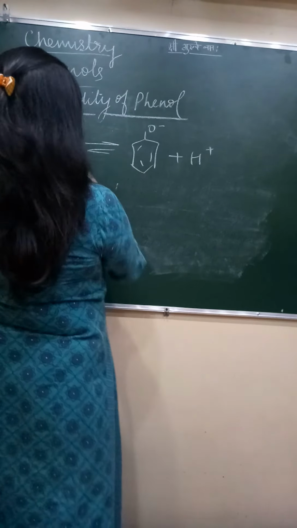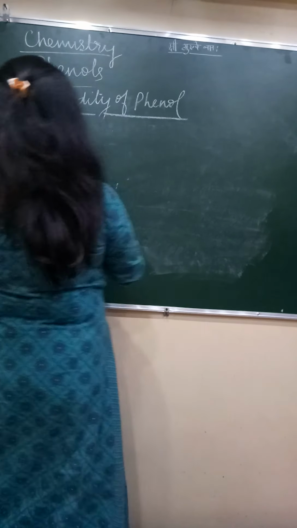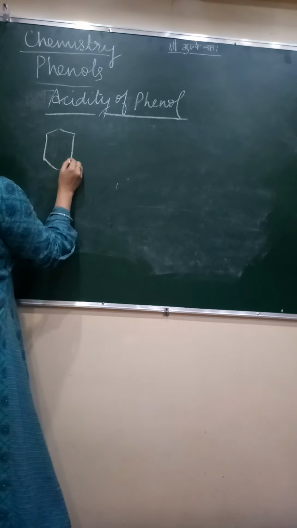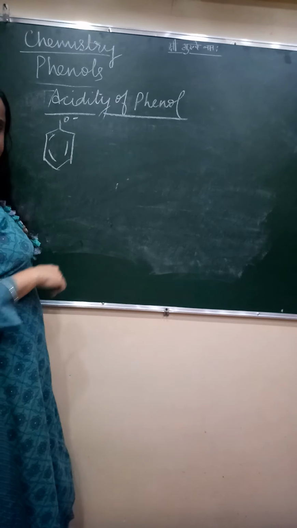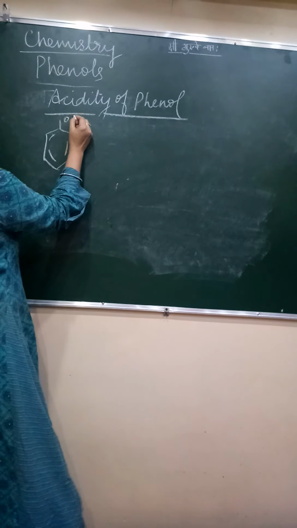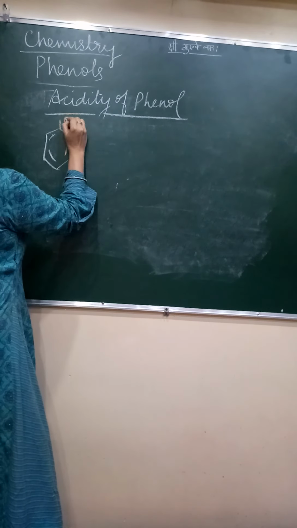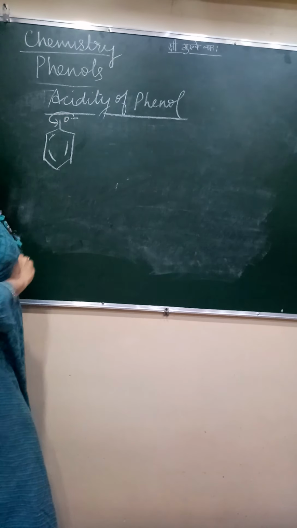How does the charge delocalize? Now I will explain this. See, this is the phenoxide ion. How does it happen? This negative charge first will come here.